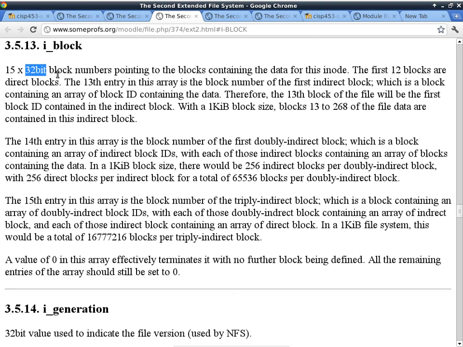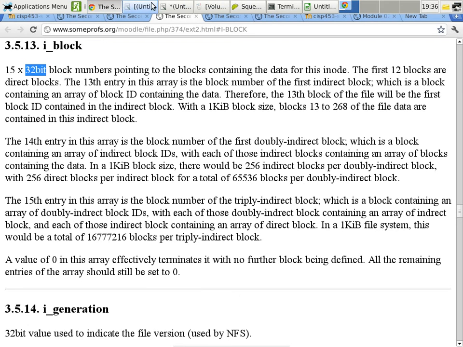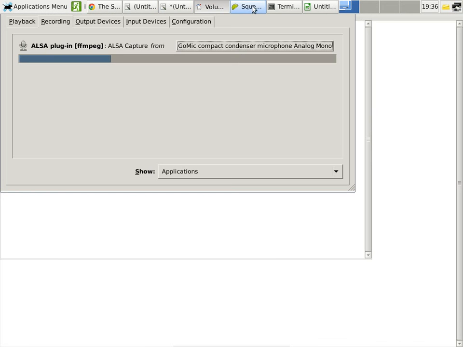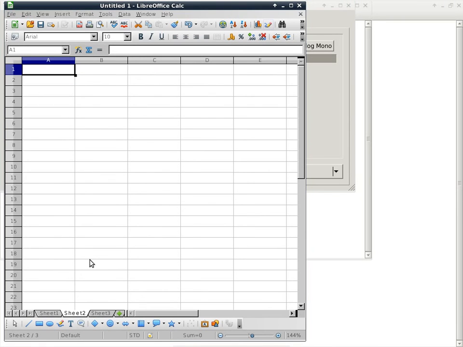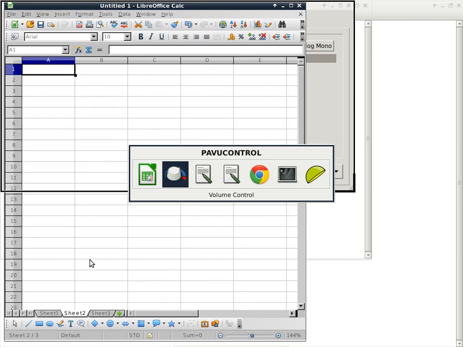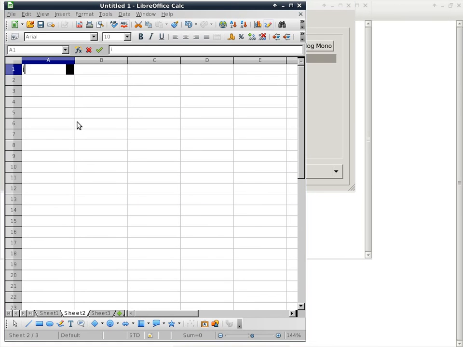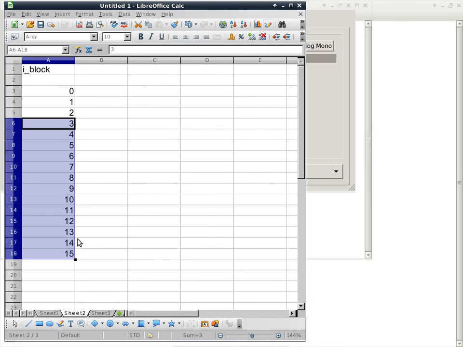So if I were to use, should I use the whiteboard? I'll just use my spreadsheet. Where's my spreadsheet? Here. I'll use sheet 2 to represent the blocks part here. Okay. So this is I_block. How many entries do we have here? 15 entries, right? So we'll just go ahead and number entry 0, 1, 2, 3, and extend it all the way down to 15.